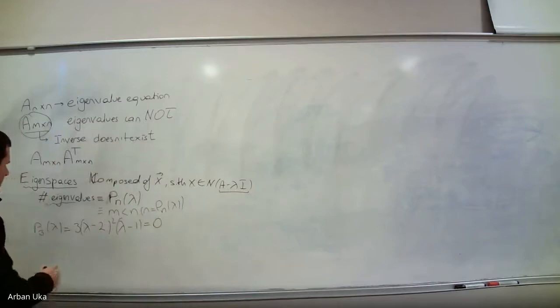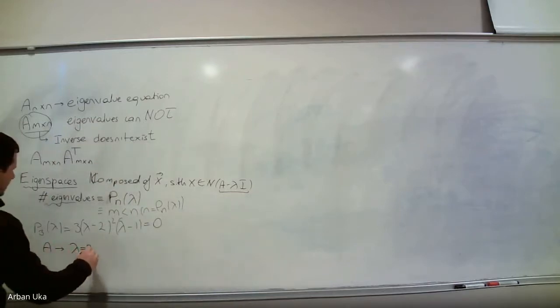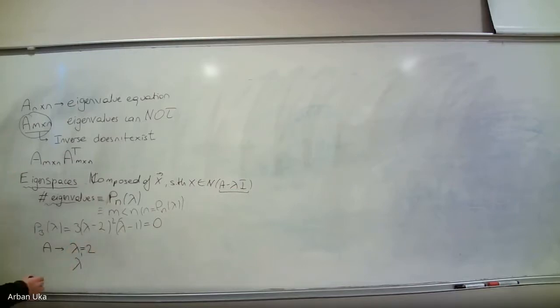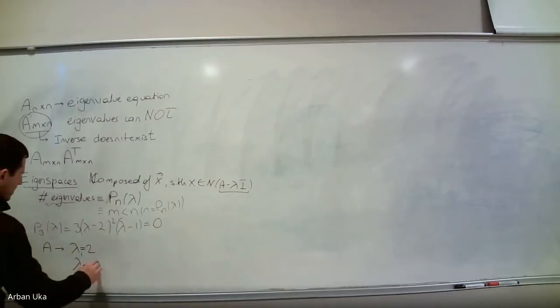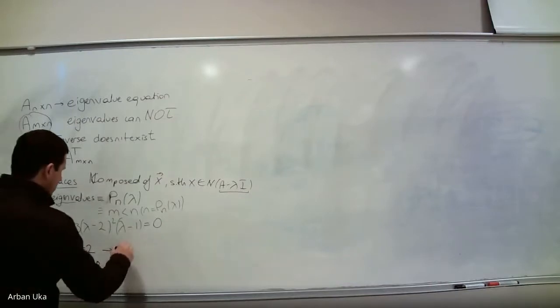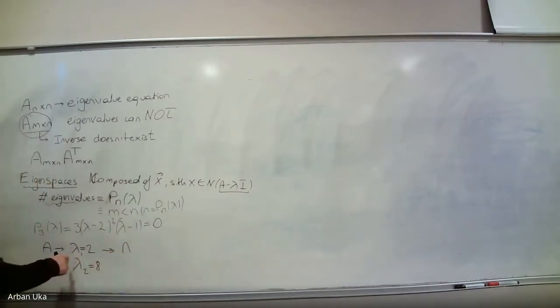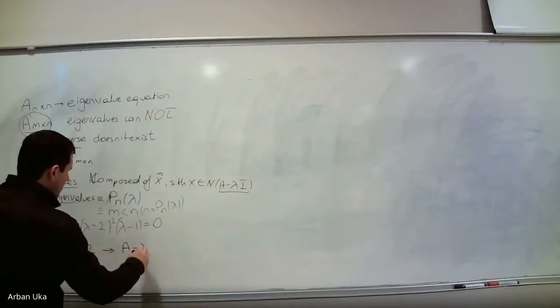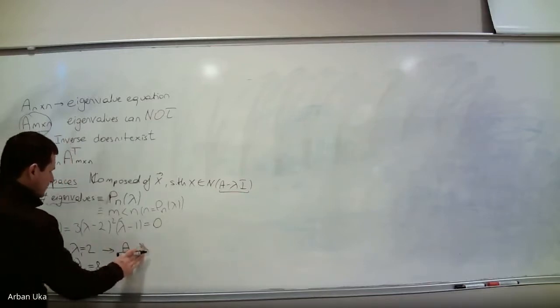So if we have a matrix A with two eigenvalues, as in the previous example, lambda 1 equal to 2 and lambda 2 equal to 8, then we have an eigenspace corresponding to each eigenvalue.